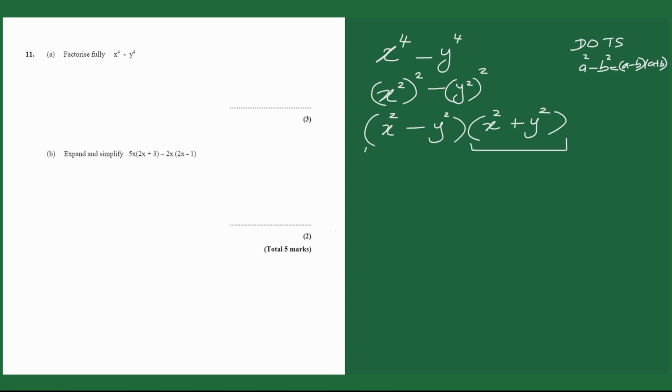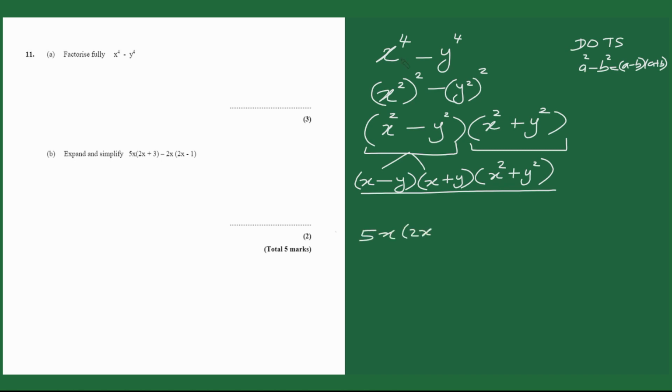There is no rule for x squared plus y squared, but x squared minus y squared can be expanded in two brackets, because the question is factorize fully. So you need to factorize as much as possible. x minus y, x plus y, that is the factorization for the x squared minus y squared, times x squared plus y squared. So that is our final answer.